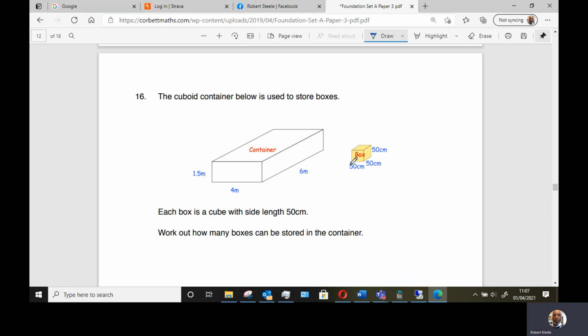Say, right, here we've got width of 50, width of 4 meters, which is 400 centimeters.